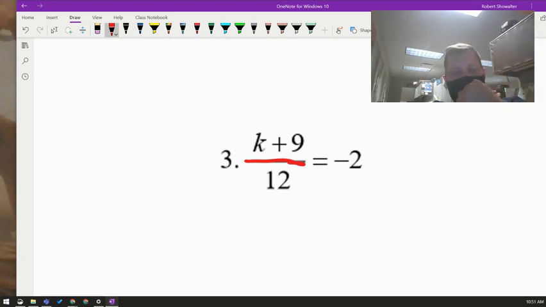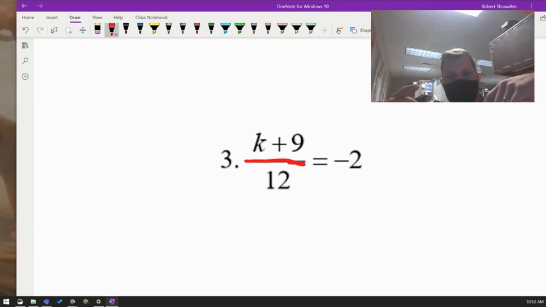So what's interesting when we're looking at this, we kind of have to dig out that k. So we look at what's trapping it on that left side. There's that plus 9, and then there's also the divide by 12. But the tricky thing here is that the plus 9 is trapped inside of a divide by 12, if that makes sense. So the weakest thing, the thing on the outside, the easiest and least complicated thing to get rid of, is actually this divide by 12.